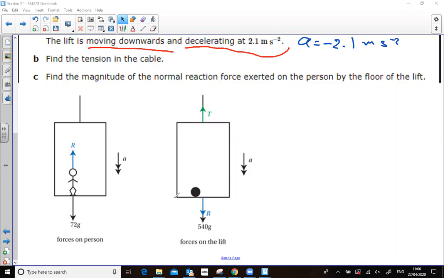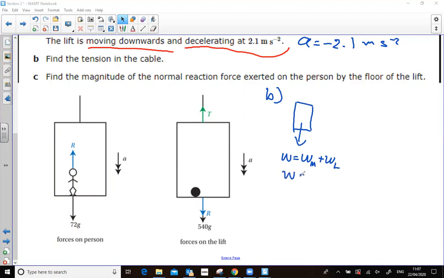Well, instead of considering things separately, why don't we combine the person and the lift together and think about what's happening all together? So, part B. If we have everything together on this object, what's the total weight? Well, the total weight would be the weight for the man and the weight for the lift.